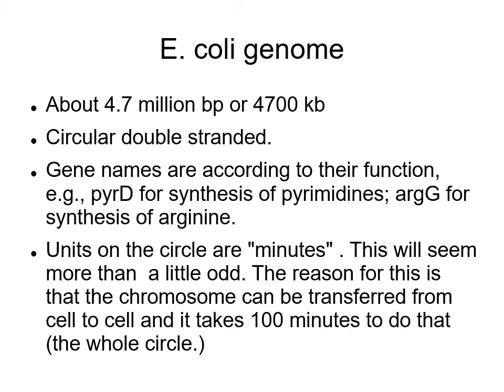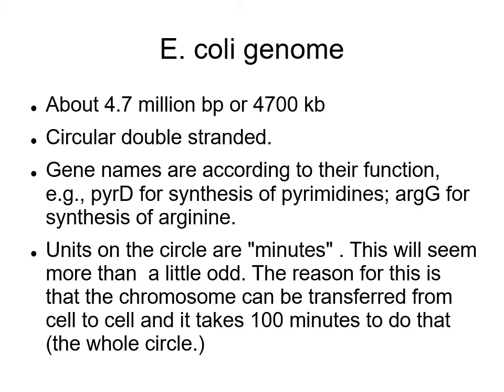For example, PRD is for synthesis of pyrimidines, Arg-G for synthesis of arginine, and the letter designates the locus because each of those processes, pyrimidine biosynthesis and arginine biosynthesis, requires, of course, numerous enzymes, which are encoded by numerous genes. So the letter designates the actual gene.